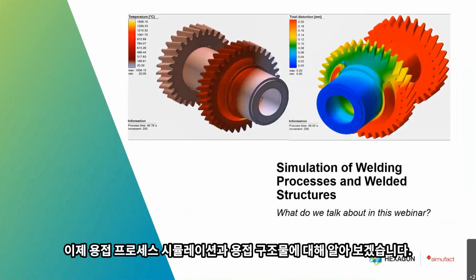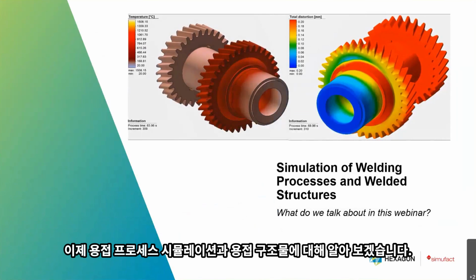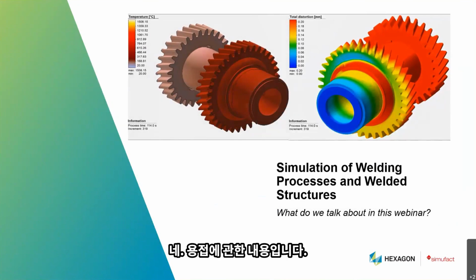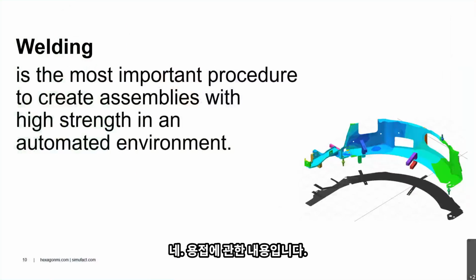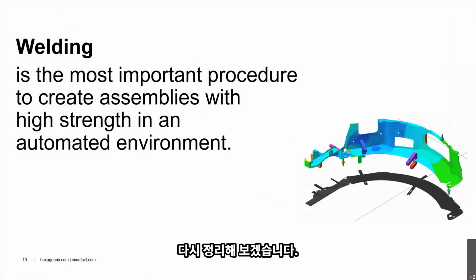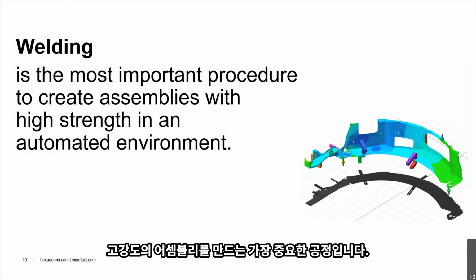So we will go into the simulation of welding processes and welded structures. What is it that we talk about in this webinar? Well, of course, about welding. And you all know what welding is, but let's write it down again. Welding is the most important procedure to create assemblies with a high strength and automated environment.